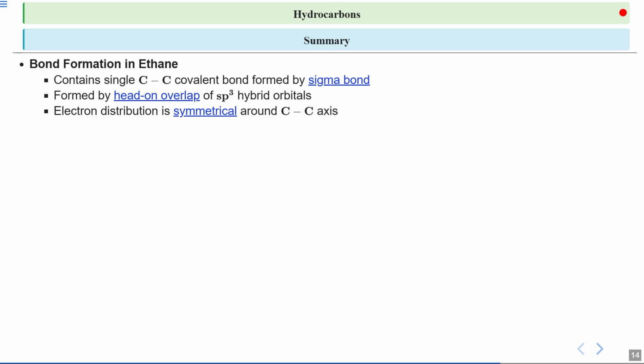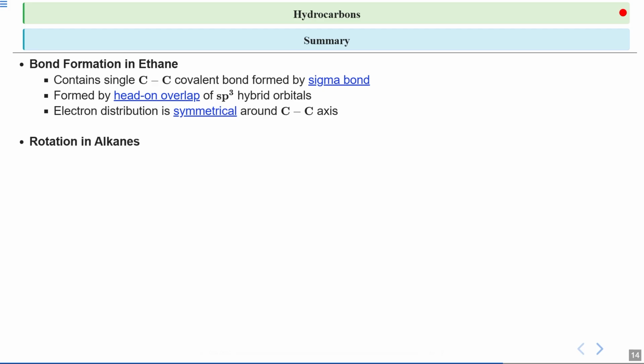Now, they have a symmetrical electronic distribution around the C-C axis, right? You have seen that due to only sp3 hybrid orbitals combining with each other, they have a symmetrical electronic distribution around the C-C axis.